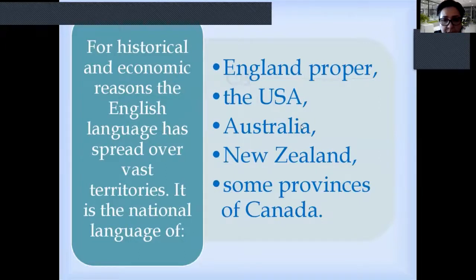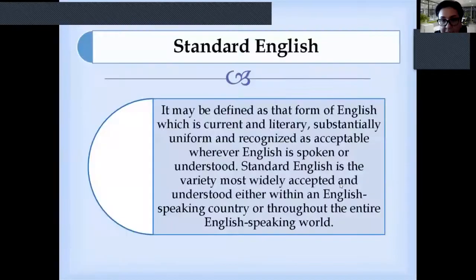There are Australian English, New Zealand English, and Canadian English, as some provinces of Canada also use English, and Indian English. They are considered variants of the English language. Each of these has developed a literature of its own, characterized by peculiarities of phonetics, spelling, grammar, and vocabulary.